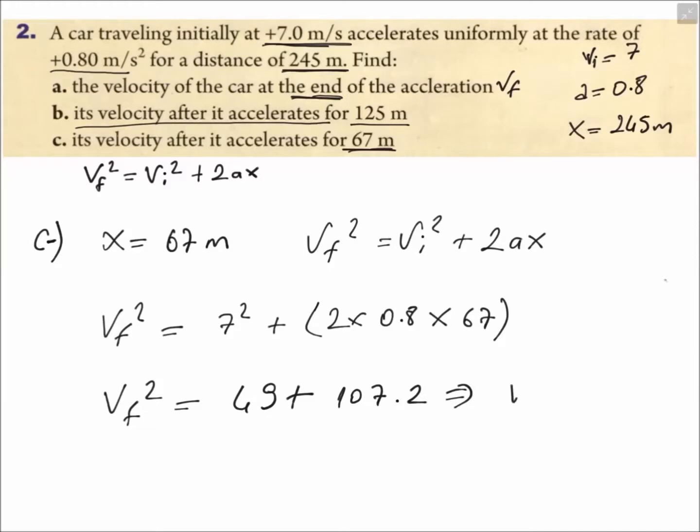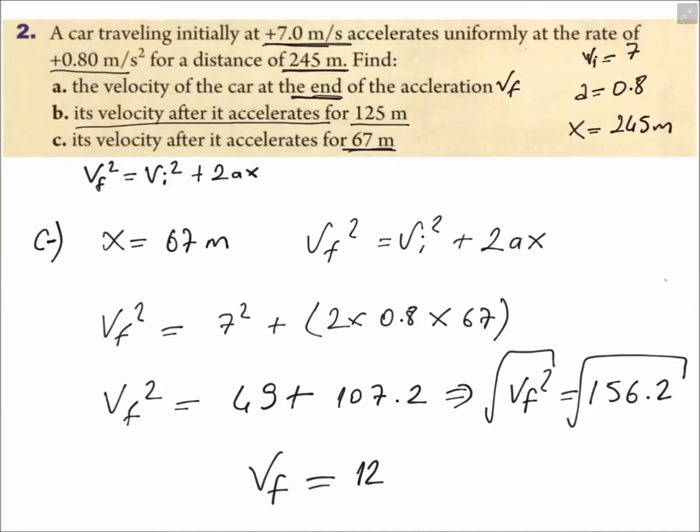Then the V final square is going to be 156.2. If you take the square root of both sides, we will find the V final, and the V final is equal to 12.5 meters per second. Thanks for listening.